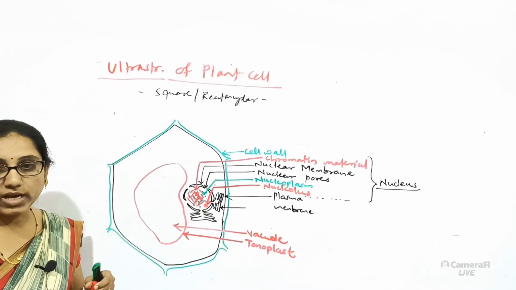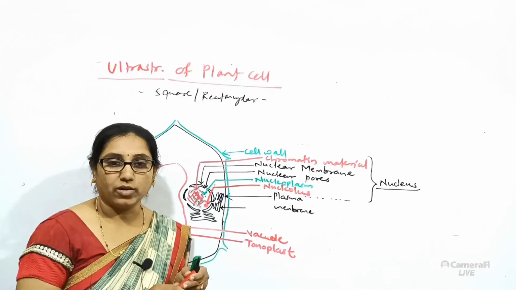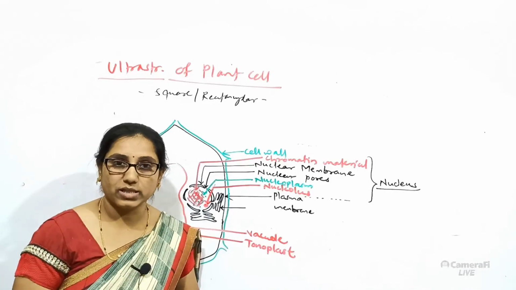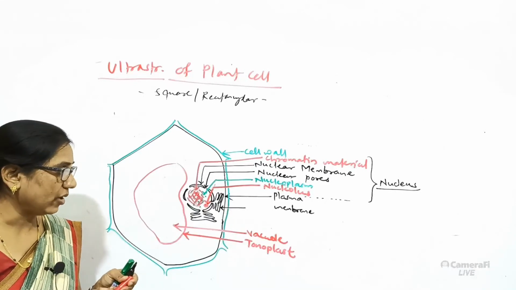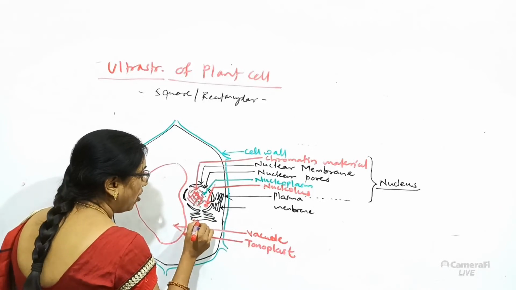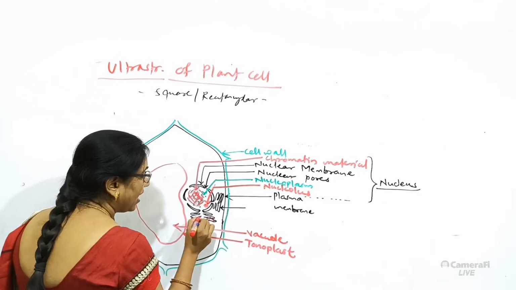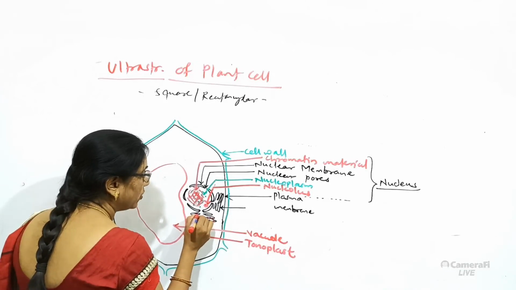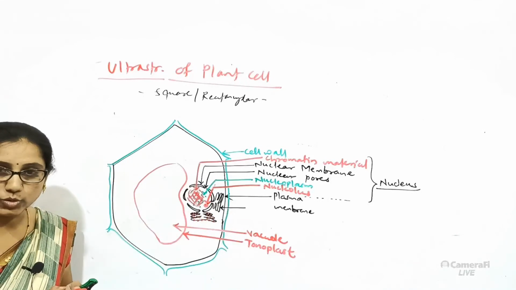In the eukaryotic cell or plant cell, two types of endoplasmic reticulum are there. One is smooth endoplasmic reticulum, another is rough endoplasmic reticulum. In the case of the rough endoplasmic reticulum, on the surface of this endoplasmic reticulum, ribosomes are present. So what are these red color dots? These are nothing but the ribosomes.